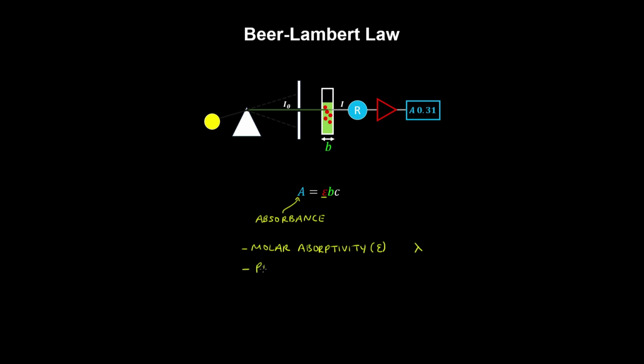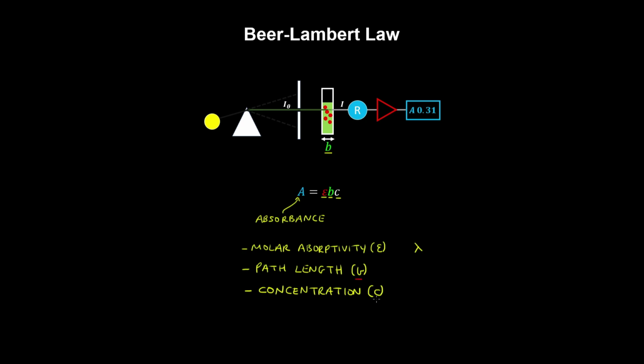And the path length B, or the length that the light beam has to travel through the sample, can be obtained from a spectrophotometry experiment. And C is the concentration of the solute or absorbing molecules or ions.